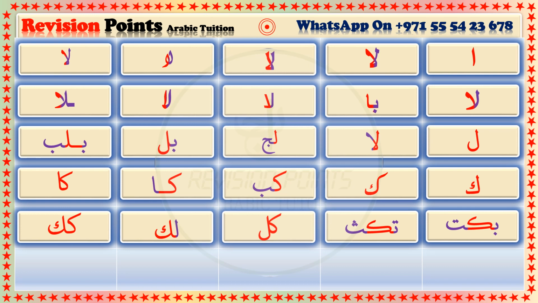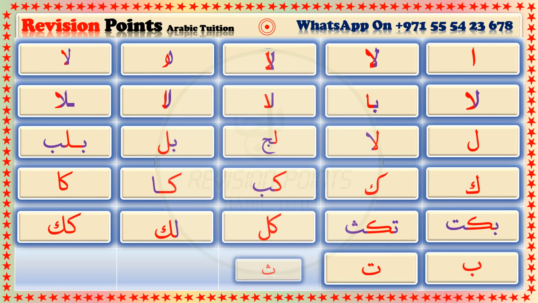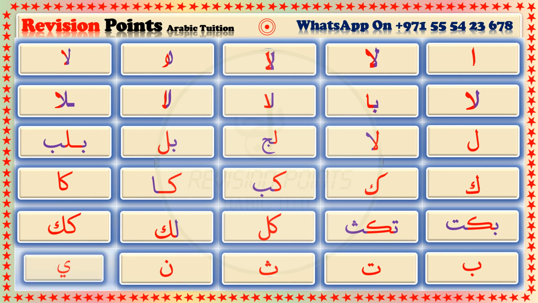Now we will learn the shapes of Ba, Ta, Sa, Noon, and Ya. So here you have to remember the difference between the dots. Ba have one dot down, Noon have one dot up, Ta have two dots up, Ya have two dots down.